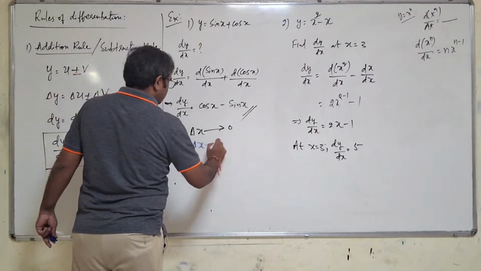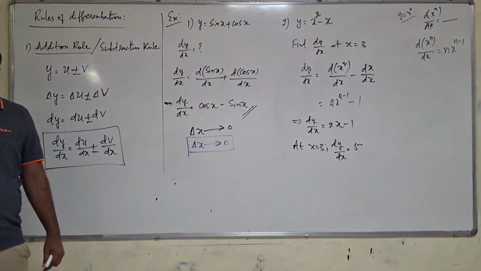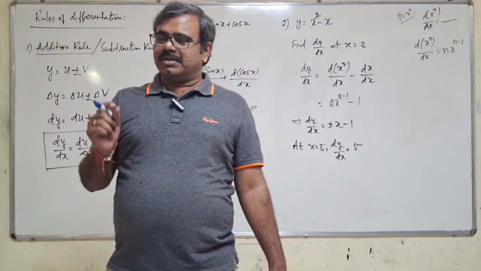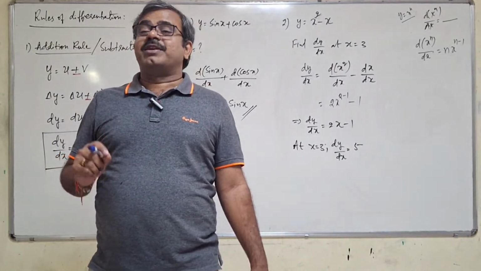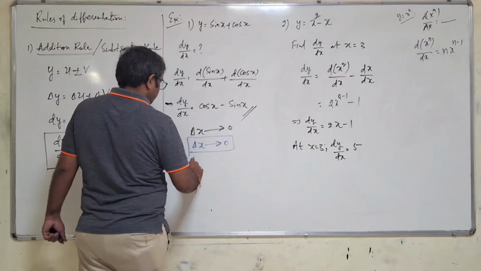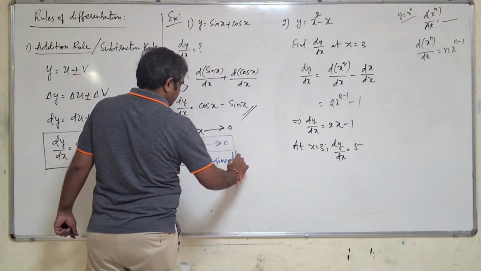Delta x tends to 0. Delta x approaches 0 means the interval is very small. The technical term is infinitesimally small. When delta x tends to 0, we say the interval is infinitesimally small.